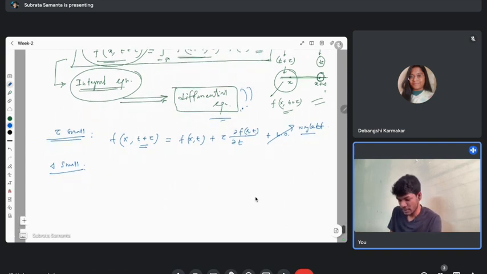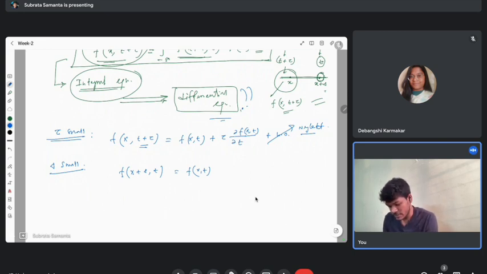Then what we get is f of x plus delta, t equals f of x, t plus delta del f of x, t by del x plus delta square by 2 factorial del 2 f by del x2 plus and so on. I will come to why we take delta to be small.